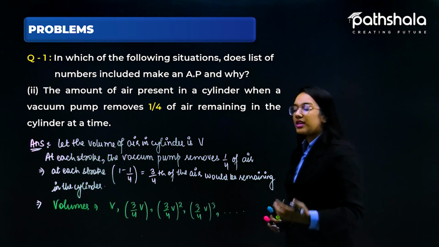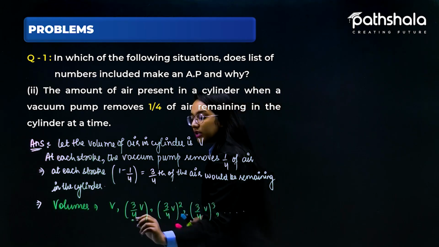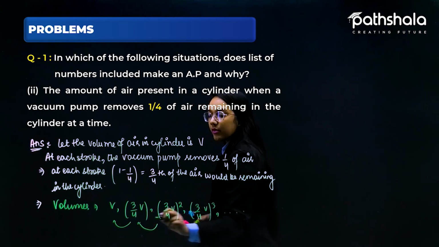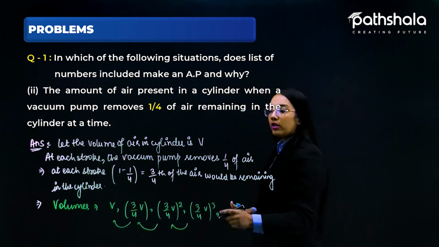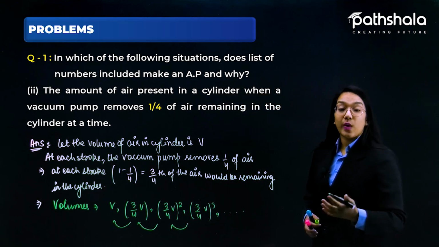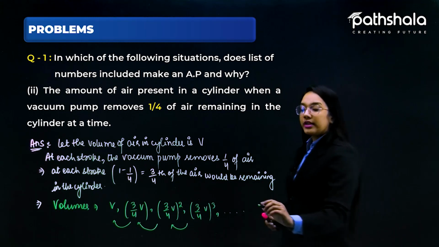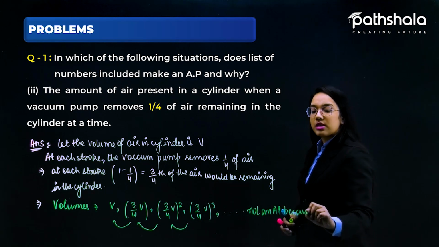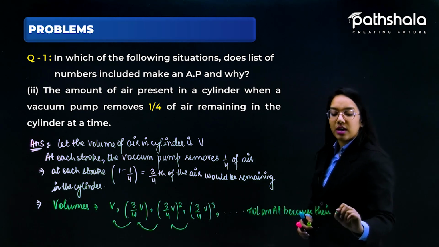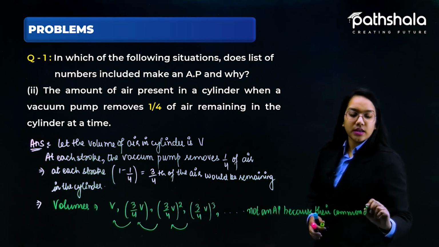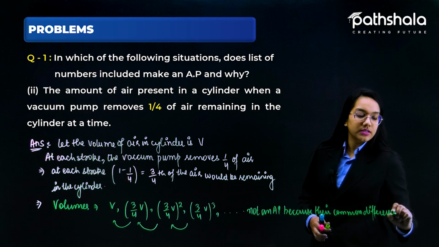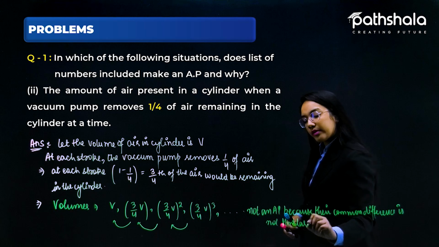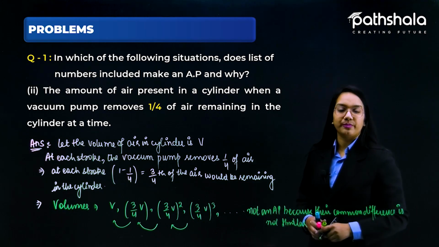Taking the difference of the succeeding and the preceding term, we are definitely not getting the same value. All the differences are different. So this is not an arithmetic progression, because the common difference is not the same.